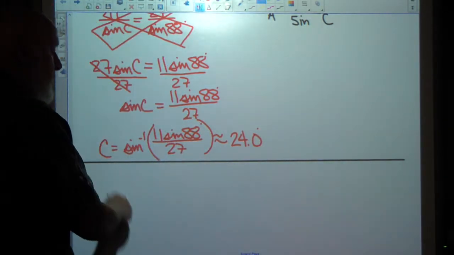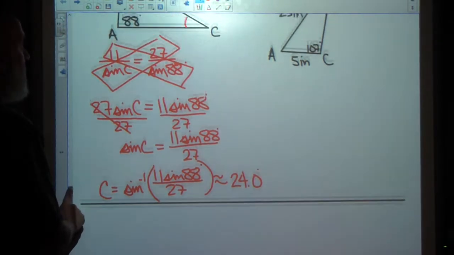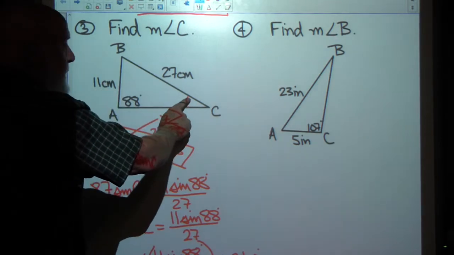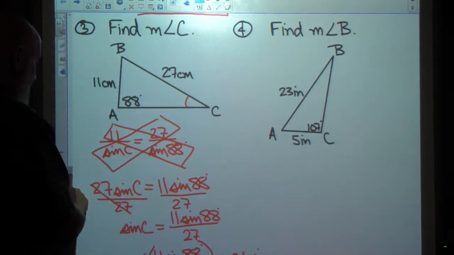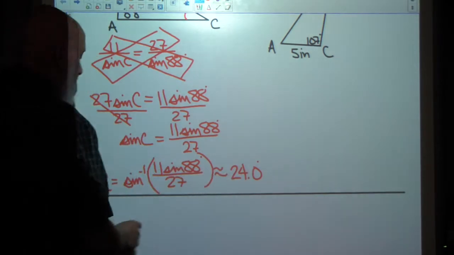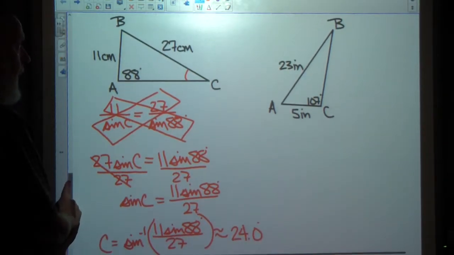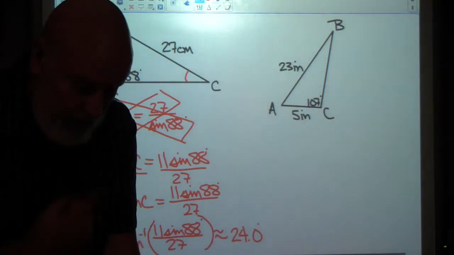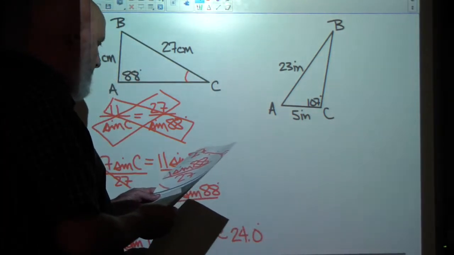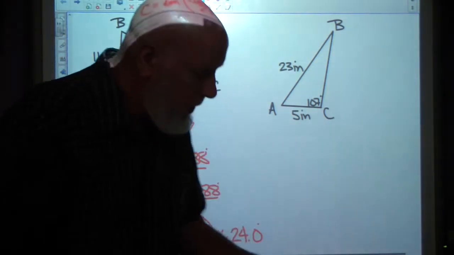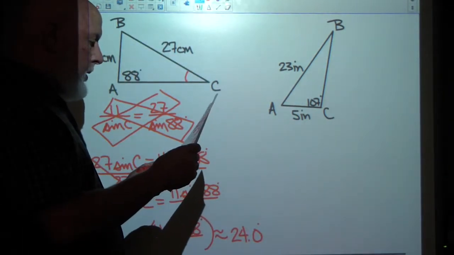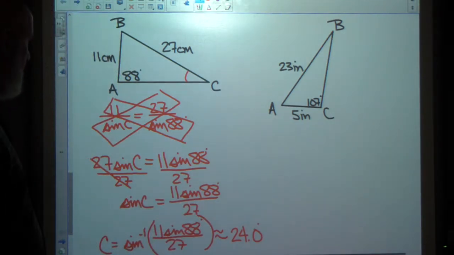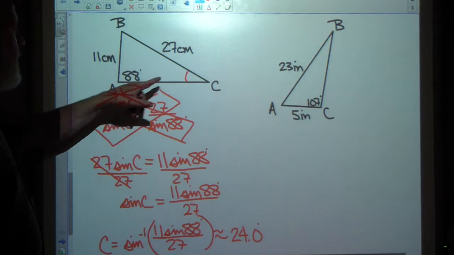So the measure of angle C, if that's 88 and that's 27 and that's 11, is very, very close to 24 degrees, providing I haven't made any silly mistakes with my finger on my calculator. Let's see, that's algebra 2. That says 24 degrees, and I got 24 degrees, so yay! There we go. That's how you work it when you're looking for an angle.